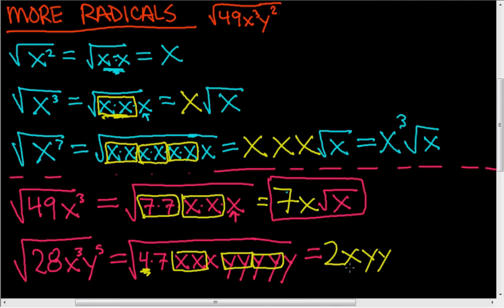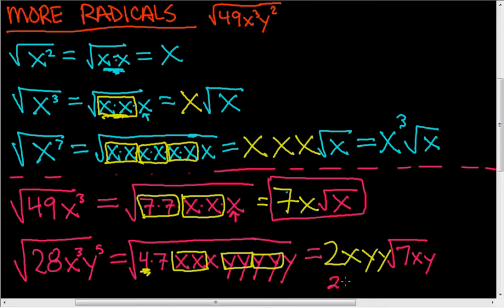So I see, 2 came out from the 4, x came out, the y's came out. What was left over? I had a 7, this x, and then there was a y. And I could probably clean that up a little bit there in the front.